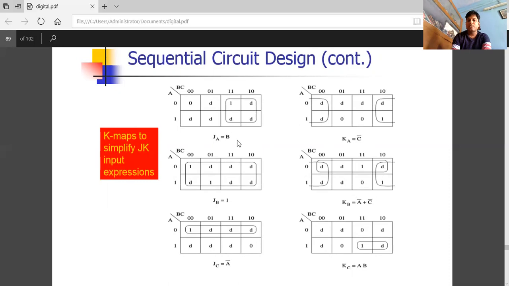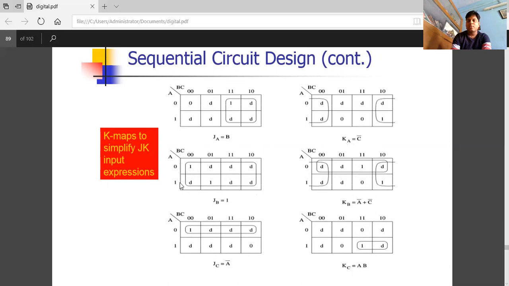There is one quad, so JA is B. Again, to fill the KA section, we have one quad, so KA is C dash. For JB, the second flip-flop, ABC is the input section.